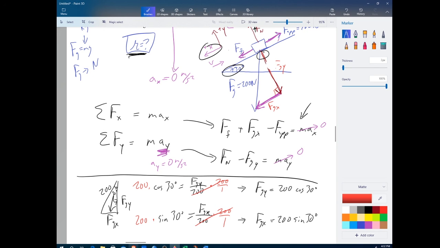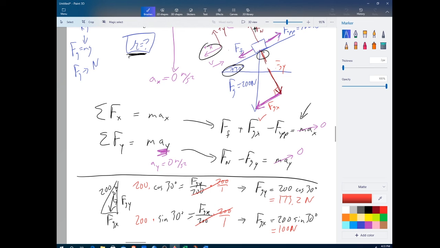Let's find where I put my Desmos and check what that number is. 200 cosine of 30, I'm getting that equals 173.2 newtons. And 200 times the sine of 30, I get that equals 100 newtons.